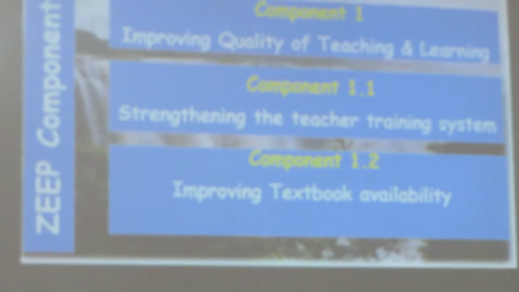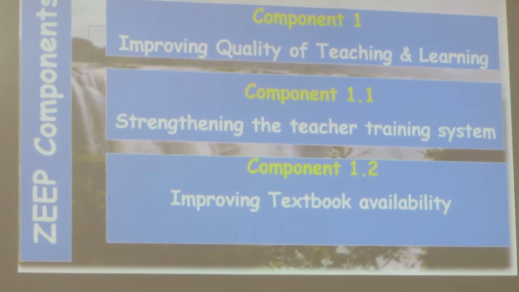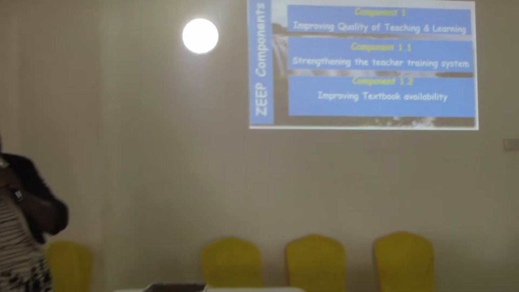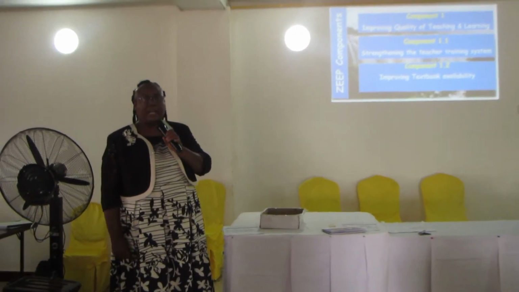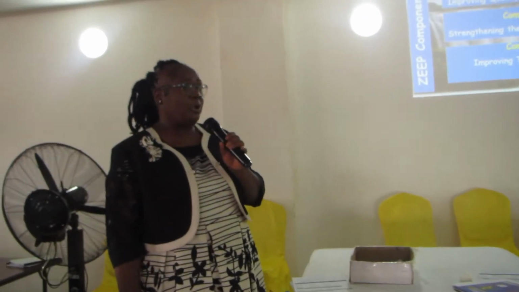Under this particular sub-component, we are looking at how best we can strengthen the teacher training systems. So the teacher training systems, we are basically looking at both the in-service teachers as well as pre-service teachers, and not leaving out what is happening in colleges of education.